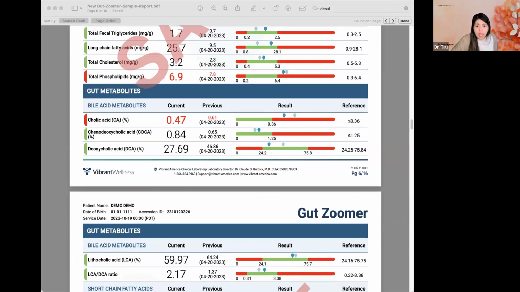Now, bile acid metabolites, this is really important because cholic acid and chenodeoxycholic acid, these are what you consider primary bile. And these are important for digestion and absorption of fat and fat-soluble vitamins.